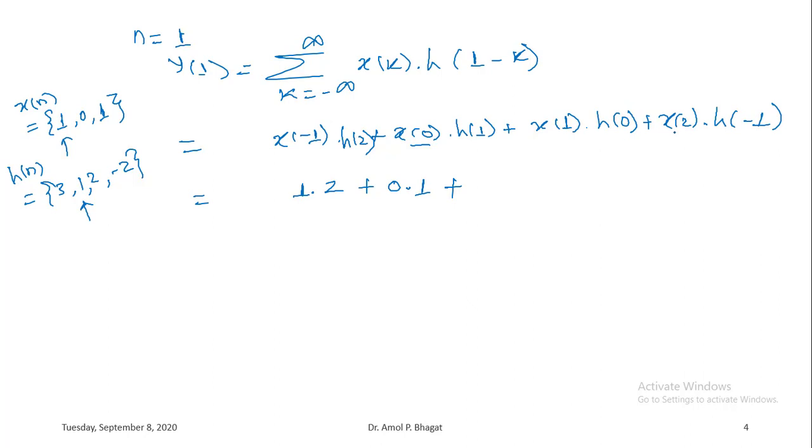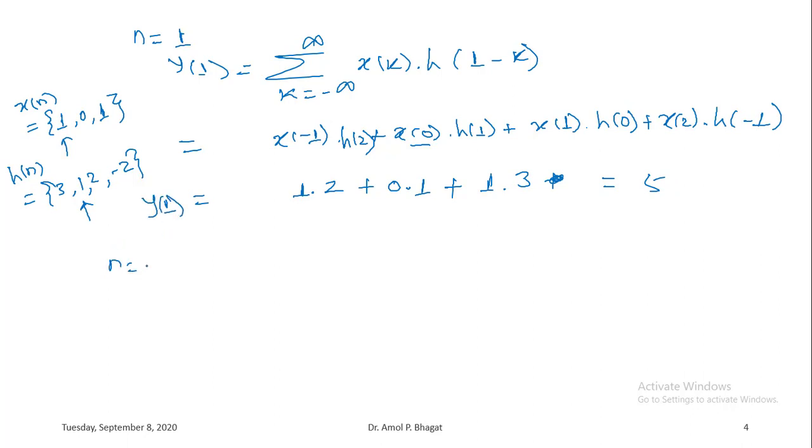Plus then x of 2; x of 2 is 1 multiplied by h of minus 1; h of minus 1 is 3. X of 3 is not there in the sequence, so it will be 0 simply. So this addition will be 2 plus 3, that will be 5. So this is the value of y of 1.